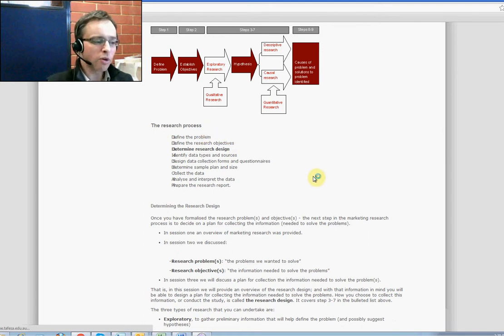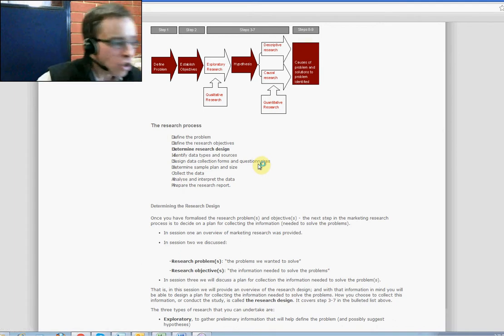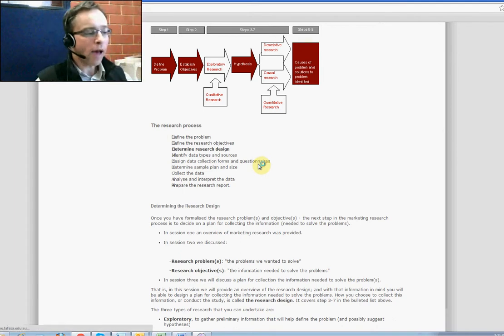So we'll have a brief talk about what research design is and what you might want to do for your project. It's a very big topic, and it's important you read through this session here very carefully. But I will give you a very brief overview of what it is all about. Basically, you have two options.